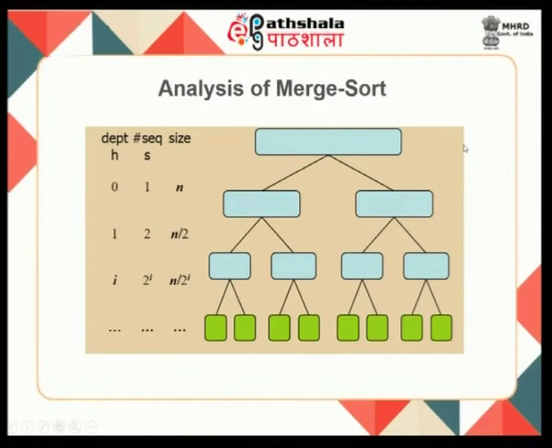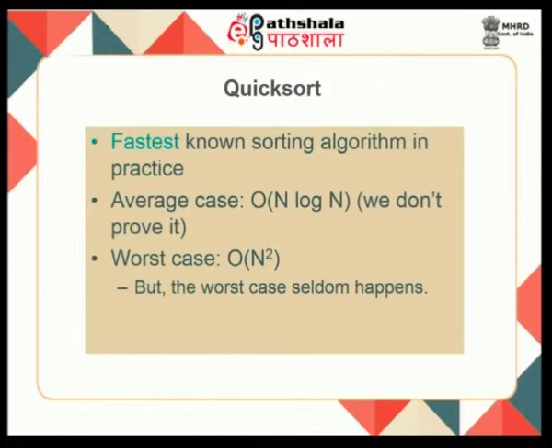You have log n as the depth. Therefore, the cost becomes n into log n. In other words, the complexity analysis of merge sort is theta of n log n. It is applicable for the best case, average case as well as the worst case scenarios.